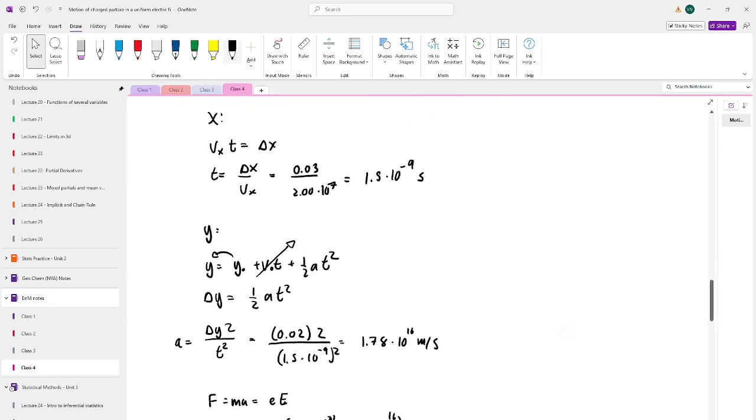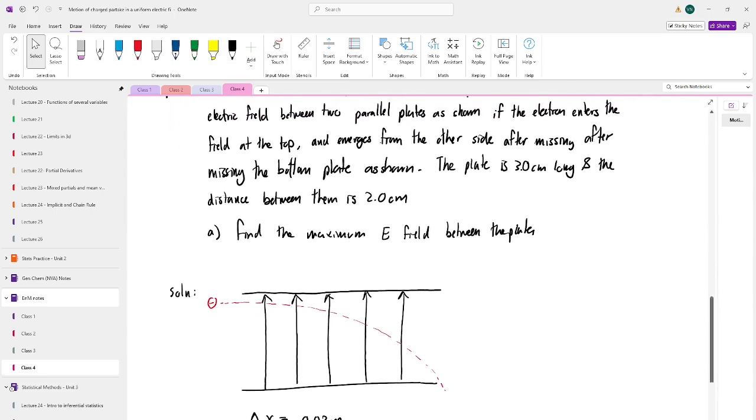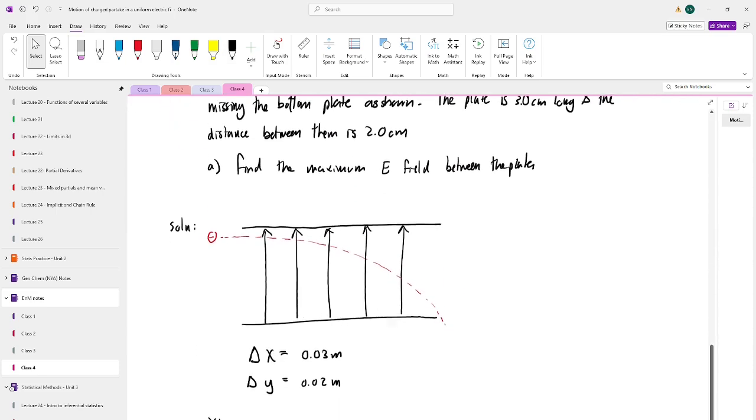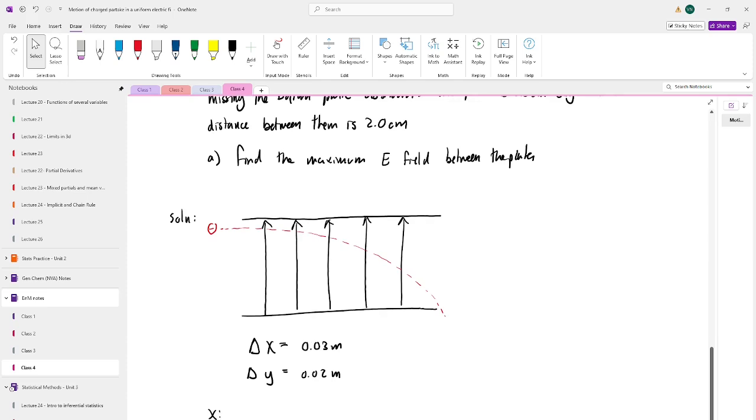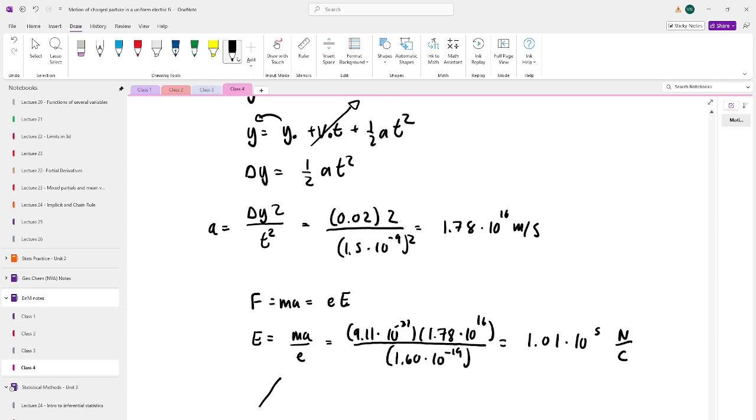So we can sort of look at what we did here. So first of all, we realized that we needed to find the electric field, and the electric field depends on the acceleration, as we found in this equation here. So because the acceleration is constant, we can look for that acceleration no matter where we are.